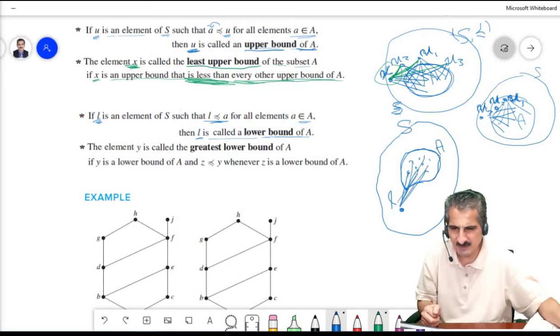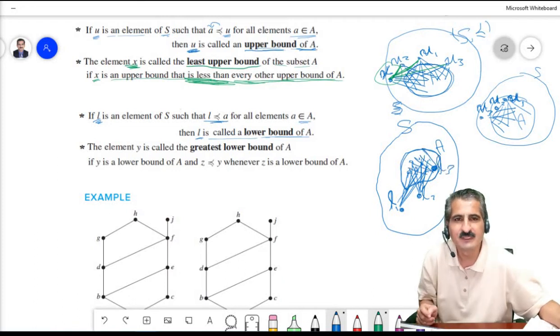So we will call it a lower bound, okay? We might have some other elements that do the same. So if we call this L1 and this L2, we might have different lower bounds. We might have one more, L3, which is smaller than any element in A. So all of them are lower bounds, L1, L2, L3.